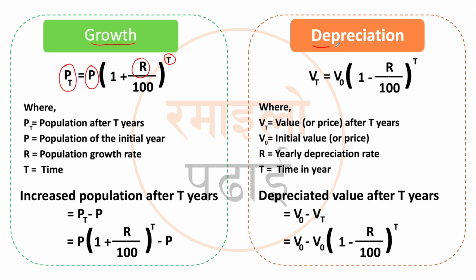And for the depreciation, we have Bt equals B0(1 - R/100)^T. Here Bt is equal to value after t years, B0 is equal to initial value or price, R is rate of depreciation, which we have 20% for the house in this particular question, and T is time in years. So we can solve this question using these two formulas.